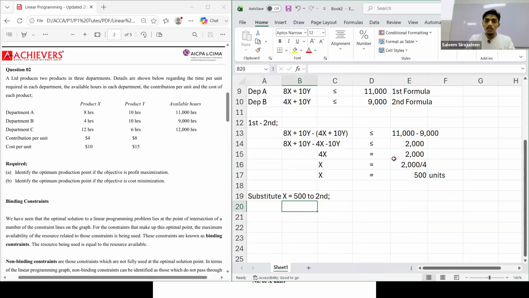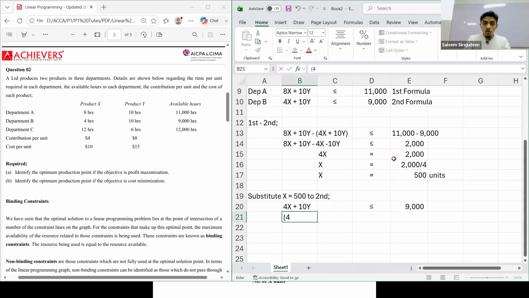So the second formula, what is the second formula? It is 4x plus 10y equal or less than how much? 9,000. Right? So 4x plus 10y. Now fine.